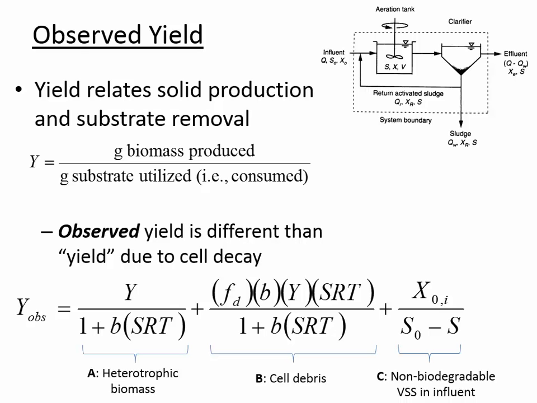This theoretical yield doesn't take into account endogenous decay, so it does not take into account the accumulation of cell debris, and it also doesn't take into account that sometimes a part of your wastewater's VSS can't be biodegraded. So this observed yield takes both of those things into account, in addition to the relationship between the heterotrophic bacteria and how much food they eat and how much weight they gain. So you'll notice Y, this lab yield, the ideal theoretical value, is a component of the observed yield, but what happens in the field is more complicated than that.